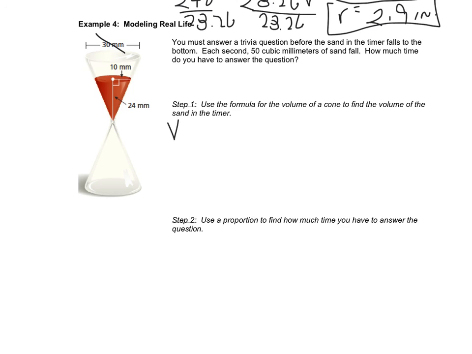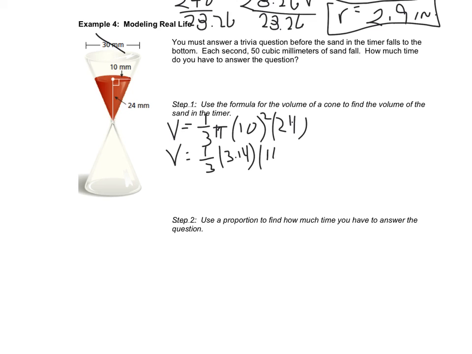So the volume is 1/3 pi. Our radius is 10. Our height is 24. So we have 1/3, 3.14, 10 squared is 100, times 24.